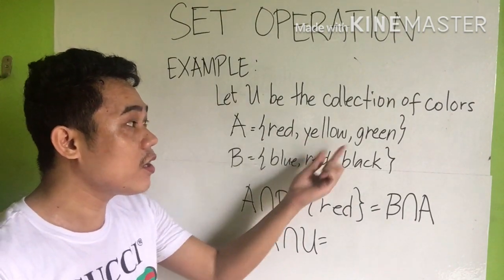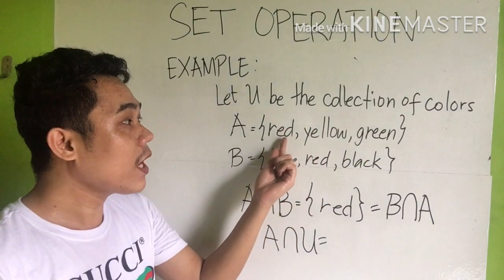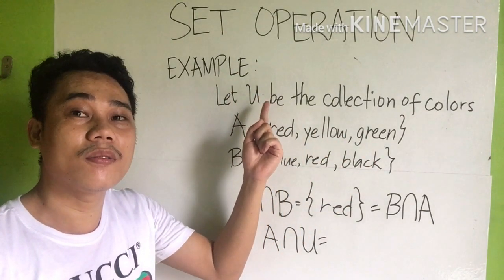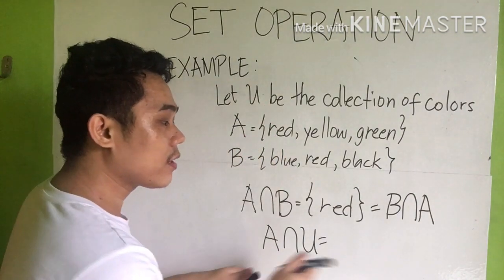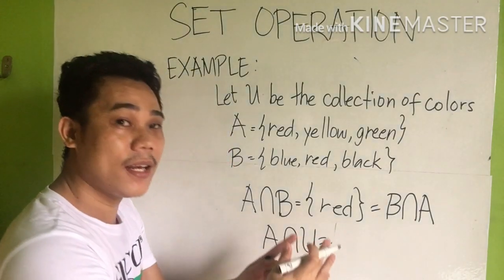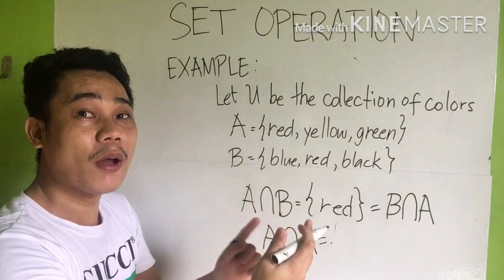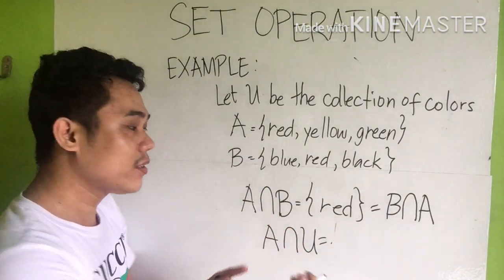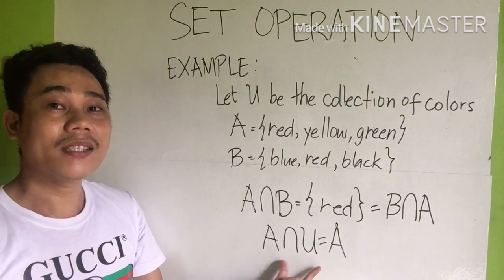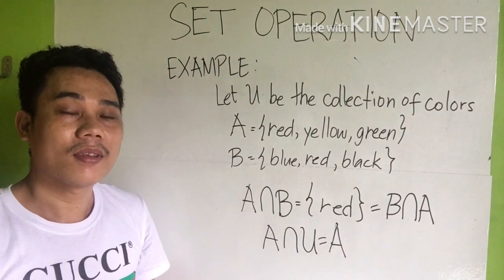Yung A, red, yellow, green. So, take note, yung red, yellow, green, nandoon din yan sa collection ng universal. At, that will be red, yellow, green. Meron pa bang iba? Wala na. So, that means, ang A intersection U is actually the set A.